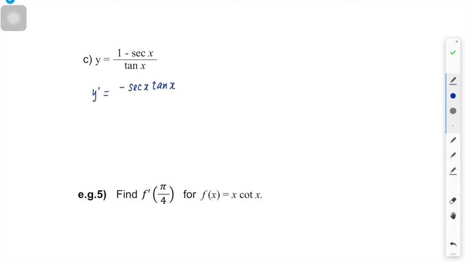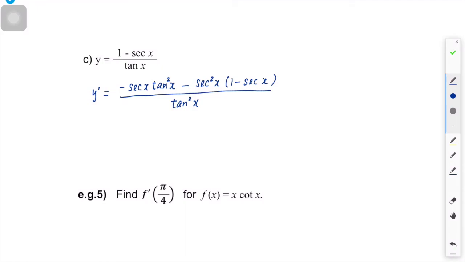And then we have to multiply that by the tangent x in the denominator. So I'm just going to write tan square x here. Minus the derivative of the denominator. So derivative of tan x is secant square x. Multiplied by the original numerator. All over tan square x.